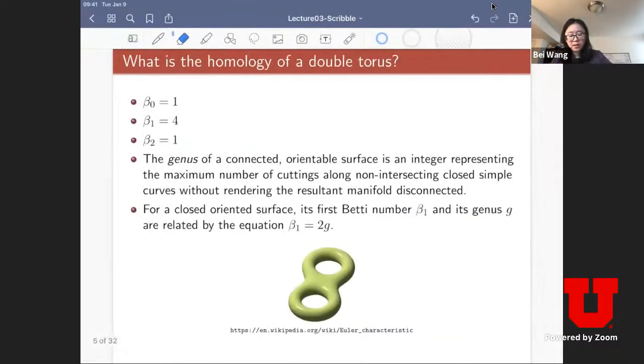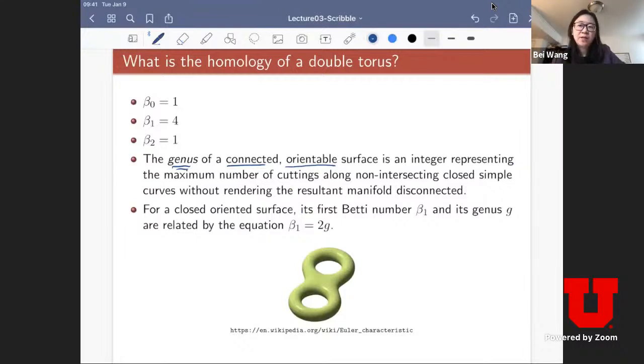It turns out that for this specific type of manifold, the surface of a double torus, it is connected and oriented. It's actually a surface. And there's a concept called the genus. A genus is of a connected orientable surface. Of course, we'll define what connectedness means, and later on we'll define what orientable means.